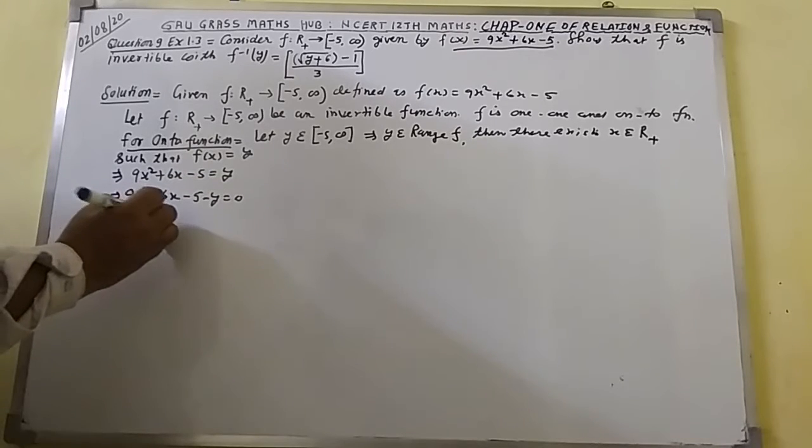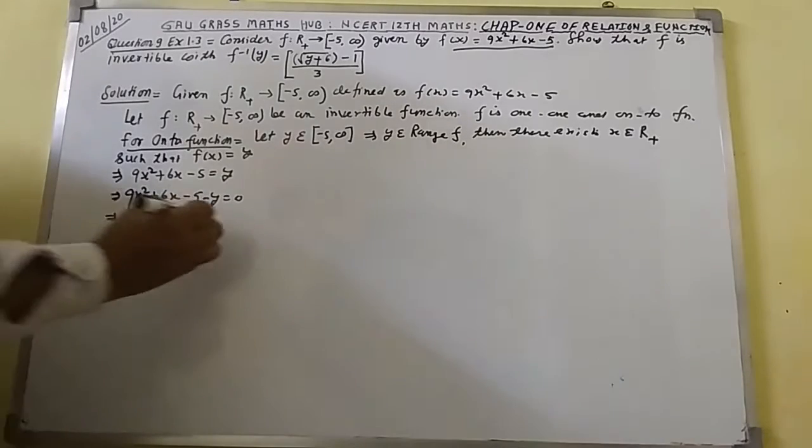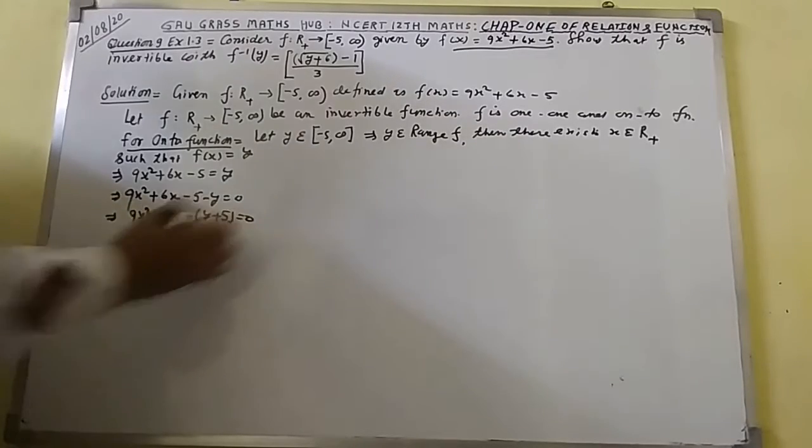We will get 9x² + 6x, taking minus common, minus (y + 5) equal to 0.